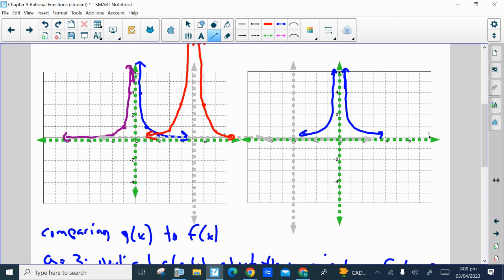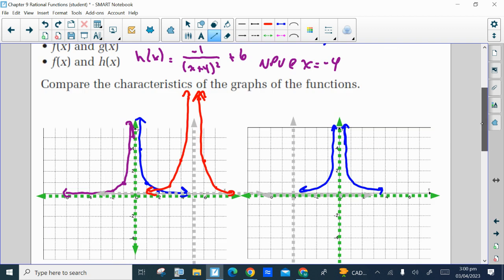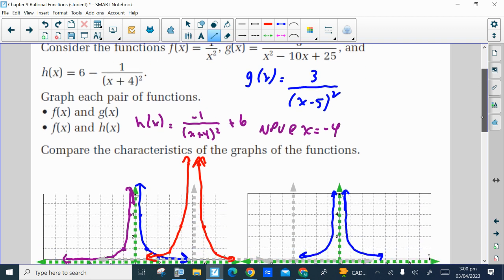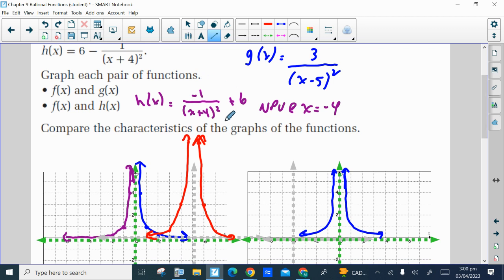It'll never equal 0 because the numerator can never equal. Actually, that's not true. Yeah, it can't equal +6 because the rational part can't ever equal 0. So there's no way that the whole thing can equal 6.